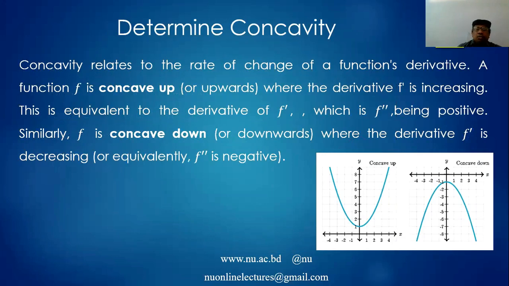A function f is concave up, or upwards, where the derivative f prime is increasing. That is, for concave up, as we know, its tangent in the open interval is increasing. So here, the derivative f prime is increasing; to determine the concavity, we have to know this.